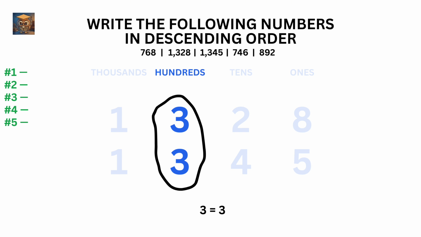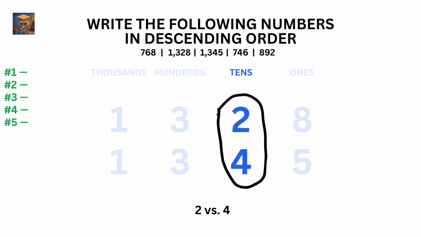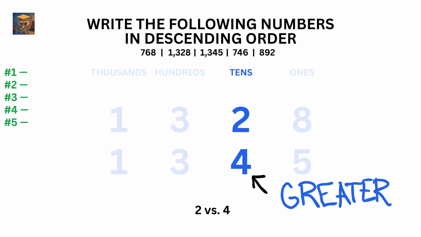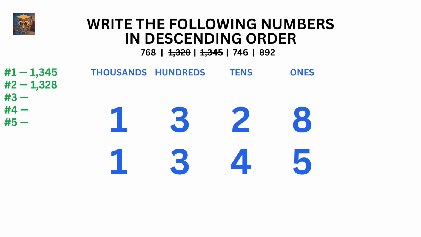So since they're the same again, let's move right. In the tens place, we have 2 versus 4. Since 4 is greater than 2, that means that 1345 is greater than 1328. 1345 is first, and 1328 is second.